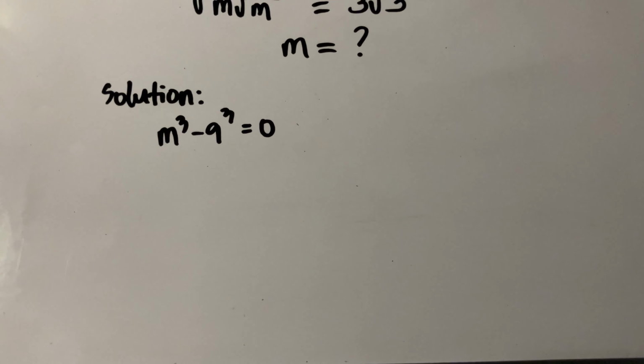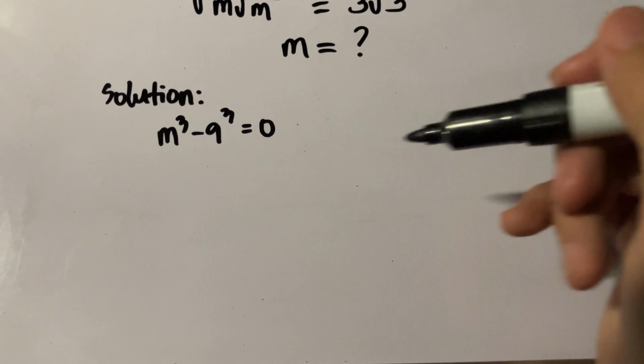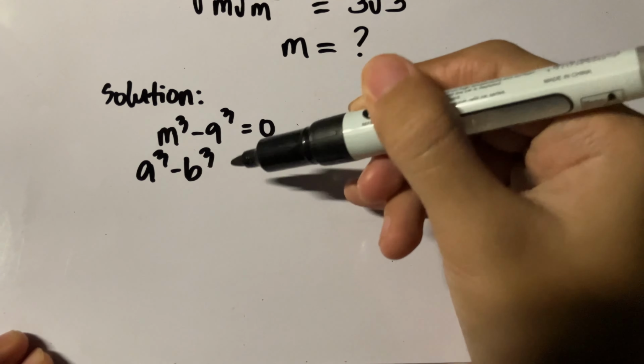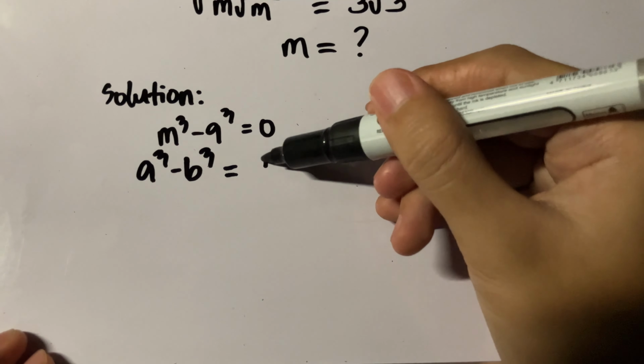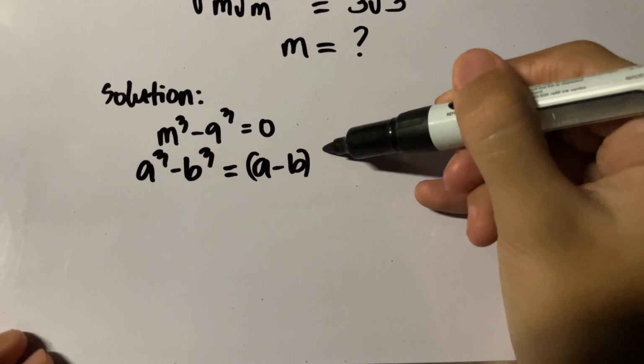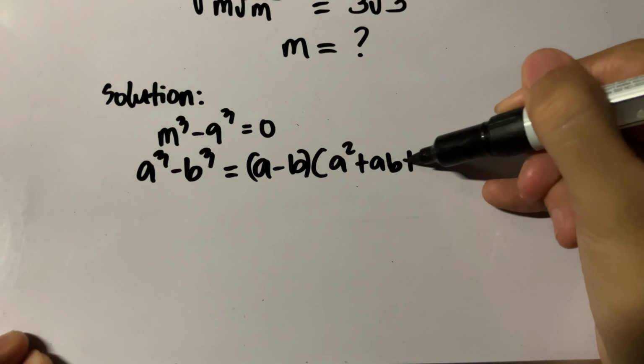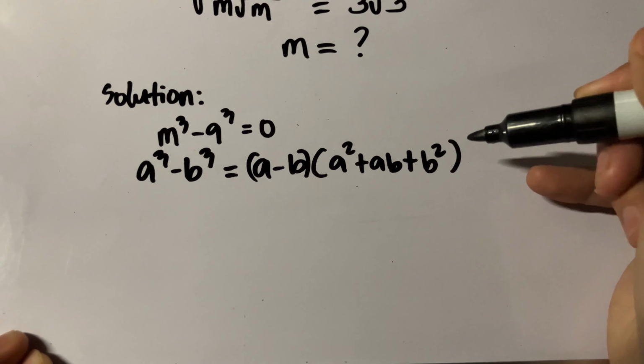Now to continue, let's apply this rule of identity, that is a cubed minus b cubed, which is also equal to a minus b times a squared plus ab plus b squared.